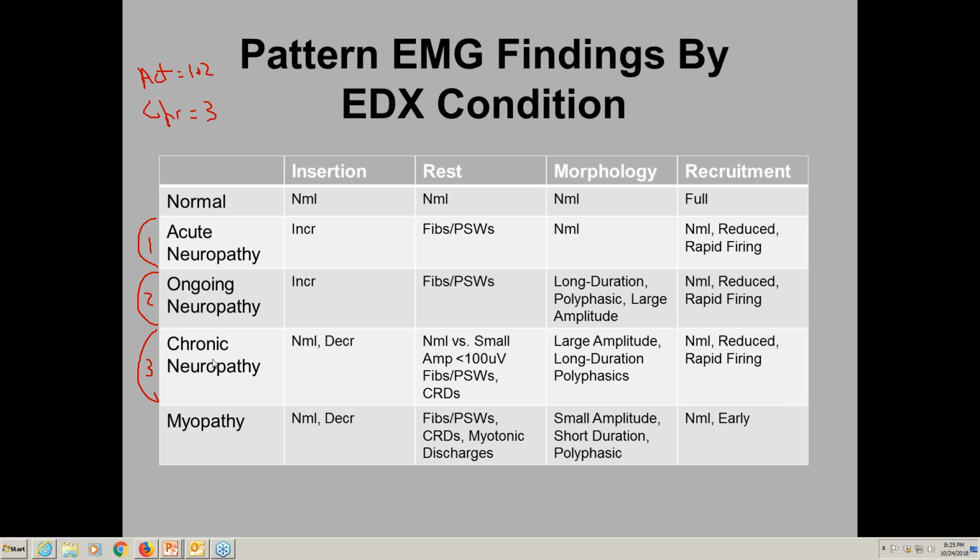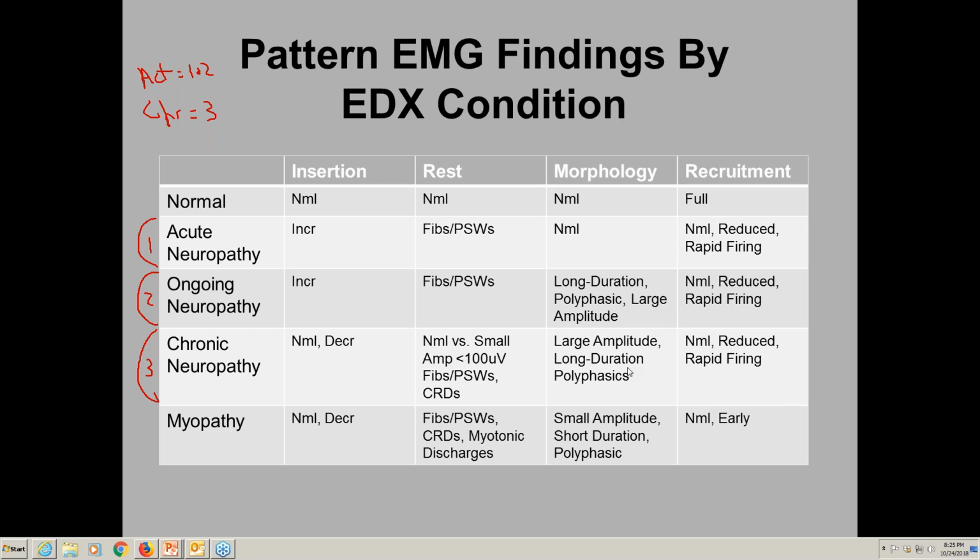Chronic neuropathies, however, generally have normal to decreased insertion, normal or really small amplitude fibs and positive waves, but are predominant with the large amplitude, long duration polyphasia and the recruitment changes. So in a patient that has a chronic C7 cervical radiculopathy, you may see completely normal, let's just pick 3 muscles, the extensor digitorum communis, the triceps, and the FCR. 3 muscles that share C7.